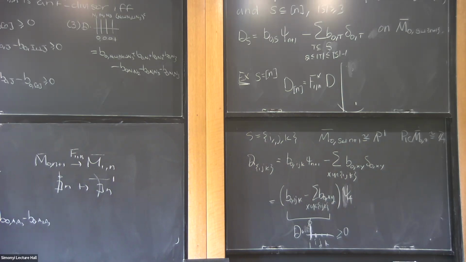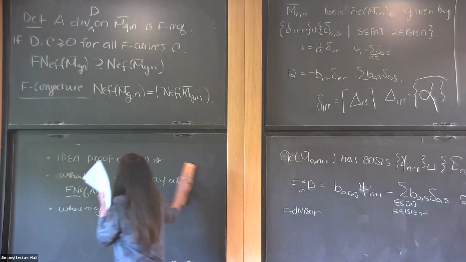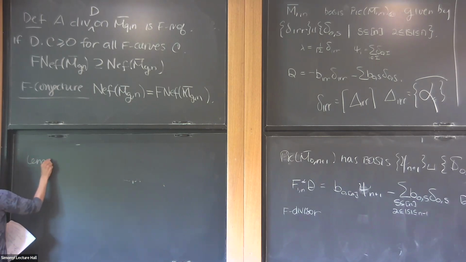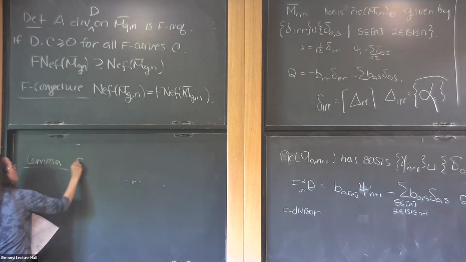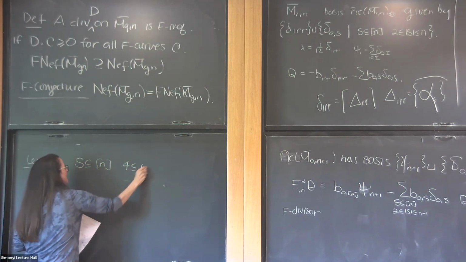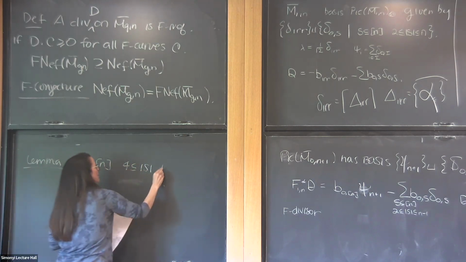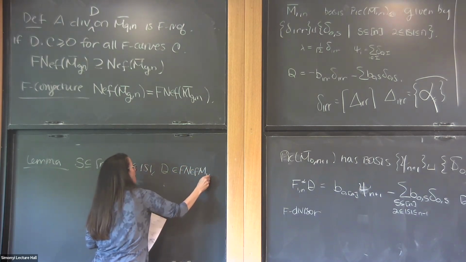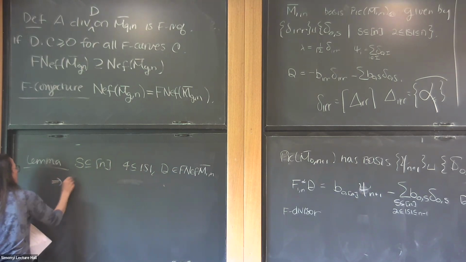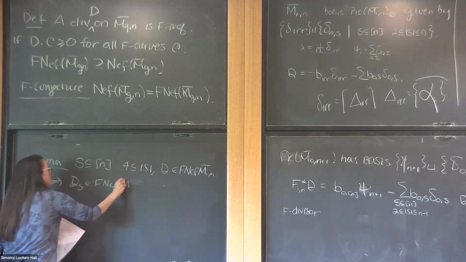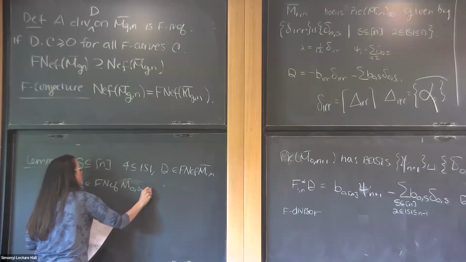So in all the other cases, here's a lemma. For S in N, if S has at least 4 elements, and D is an F-nef divisor on M1N, then DS is an F-nef divisor on M0 S union N plus 1.